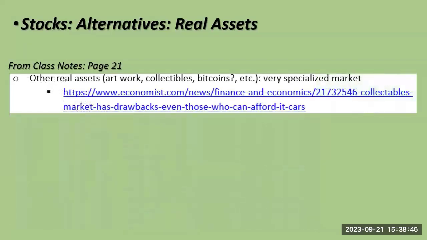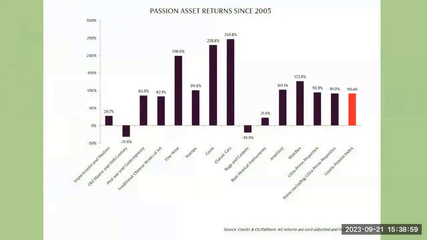All right, and then other real assets, we're not going to talk about them at all, mainly because I don't know anything about them. But artwork, collectibles, Bitcoins fall in there, but it's a very, very specialized market, very illiquid. There's an index that goes up to, I can't remember, 2021 or whatever.